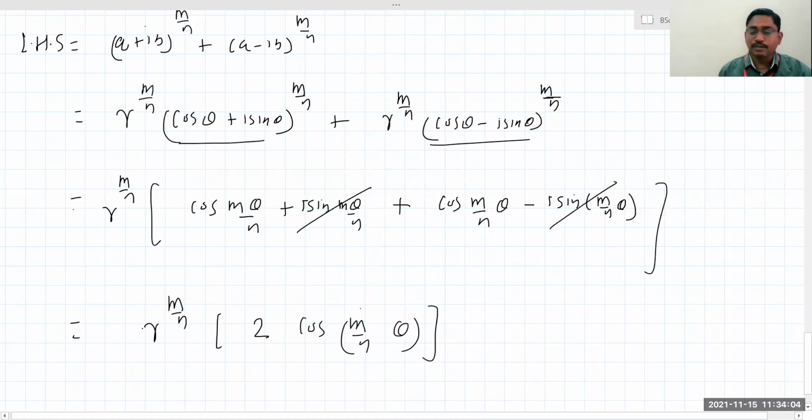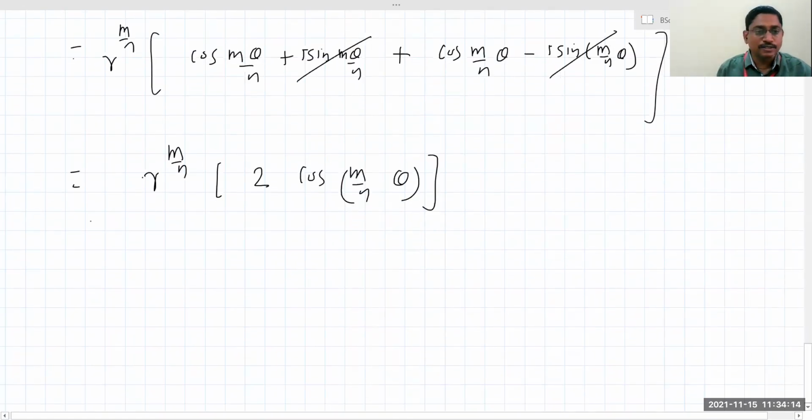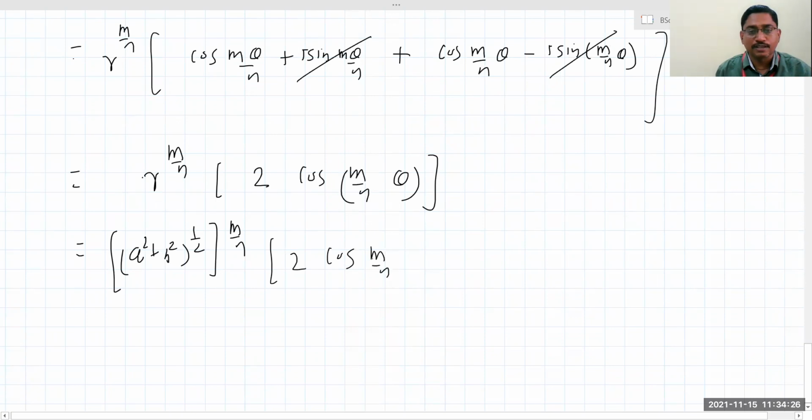Now here we only have to put the values of r and theta. What is the value of r? It is square root of a square plus b square. Its square root will be denoted by raised to half power, and this is raised to m upon n. 2 times cos of m upon n as it is.